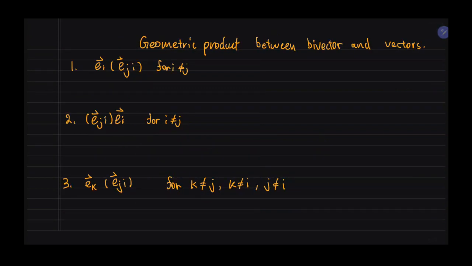In this slide, we will explore the geometric product between vectors and bivectors. So we will look at 3 different cases. First is the vector multiplied by a bivector, which is e_i times e_j e_i.